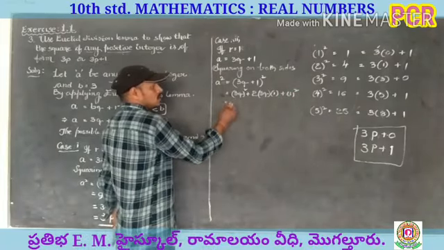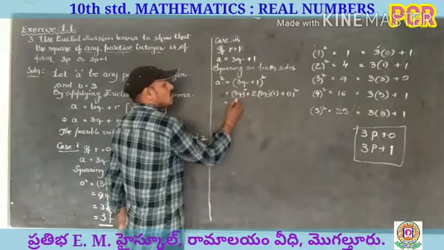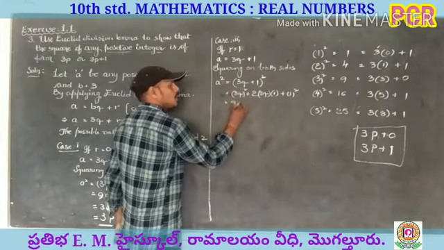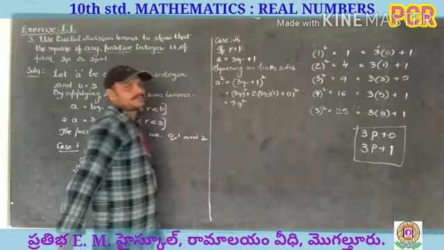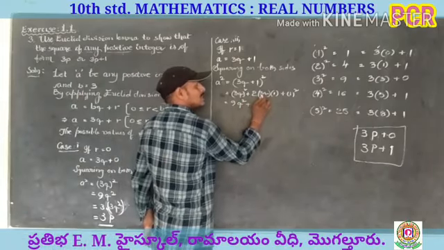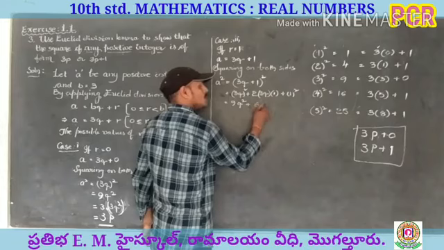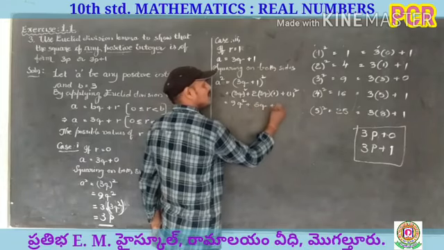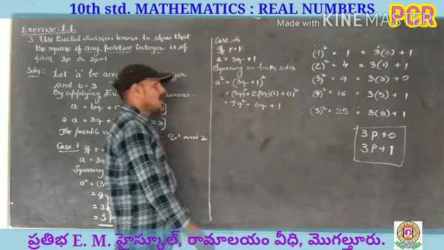And 3q whole square means 9q square, 2 threes are 6q into 1, that means 6q, plus 1 square means 1.